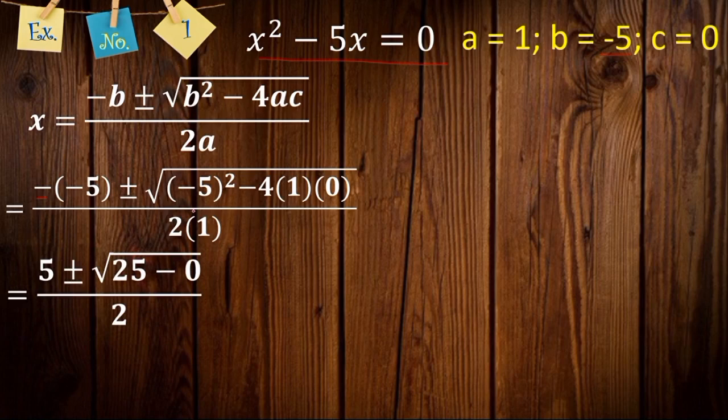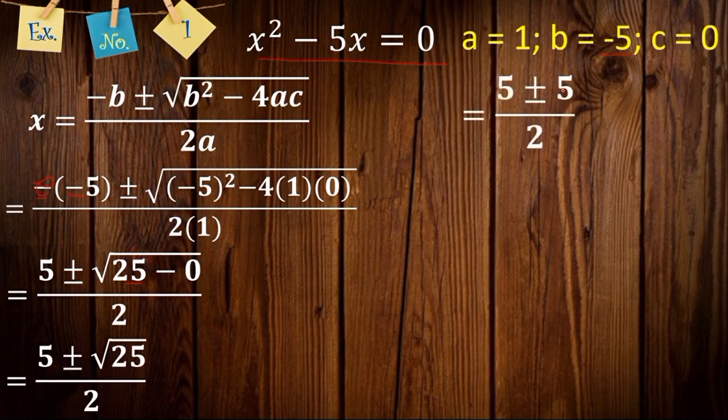Then, negative 5 squared is 25. Negative times negative is positive. So that's why it is positive 5 here. Minus, so 5 plus or minus the square root of 25 minus 0 all over 2. The square root of 25 is positive and negative 5. Again, let's separate the numerator.